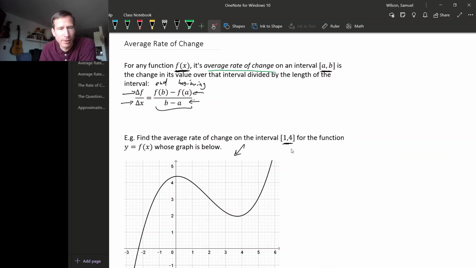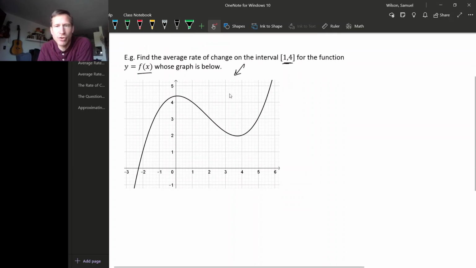So let's use this formula to calculate the average rate of change for this particular function over the interval from 1 to 4. Here we don't have a formula for this function f of x, but we have its graph, and that's almost as good. So we're going from the x value 1 to the x value 4. And remember, points on a graph are of the form x comma f of x.